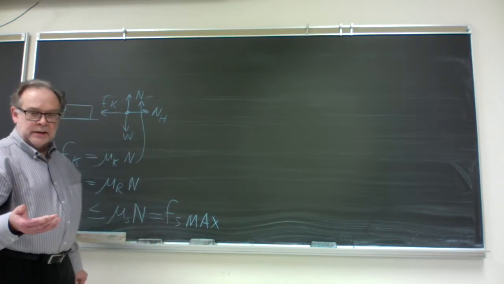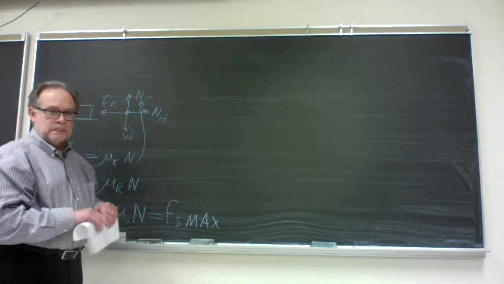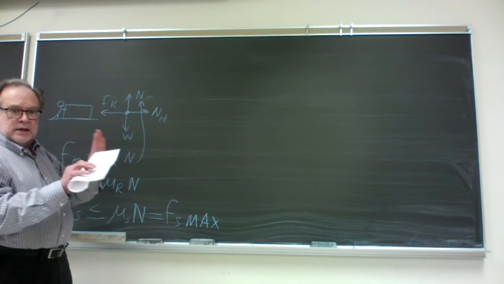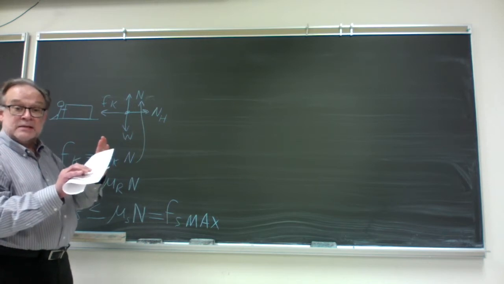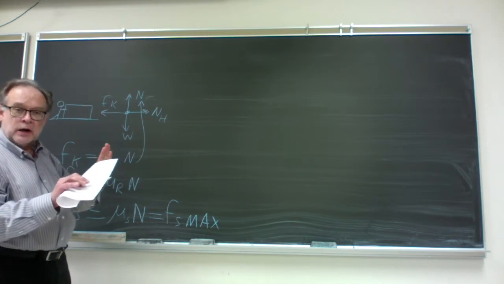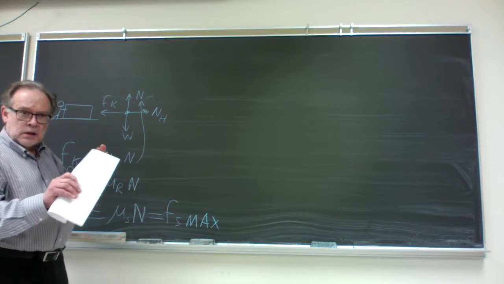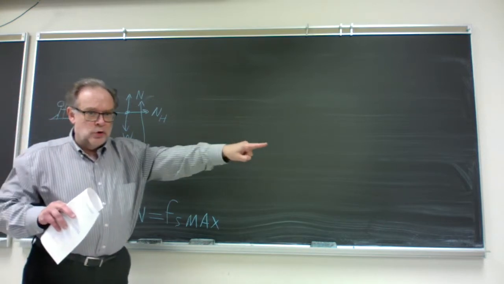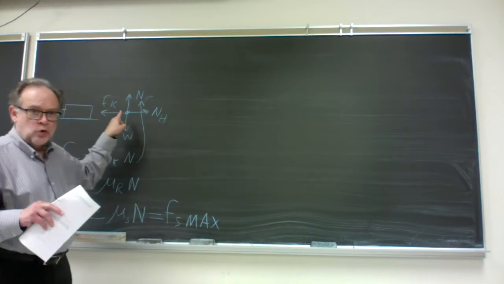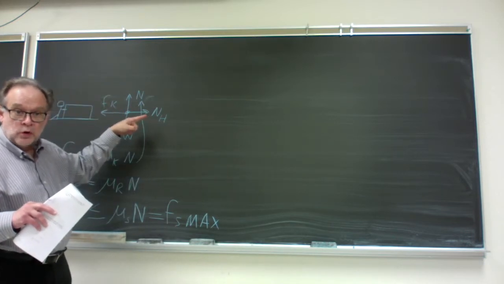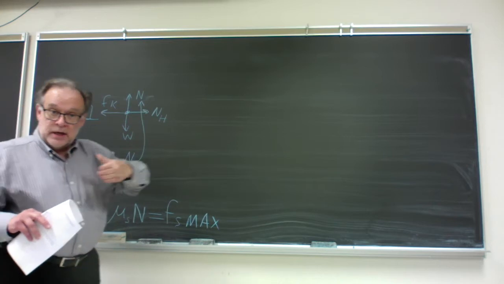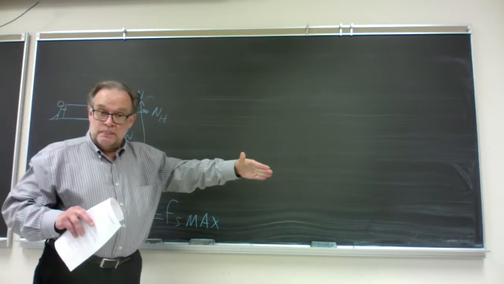What's really going on there is something like this. Imagine I'm pushing this crate and I push just a little bit, but it's stuck. I'm not pushing hard enough to move it. It stays stuck. I'm applying a forward pushing force, but it's still not accelerating in that direction.